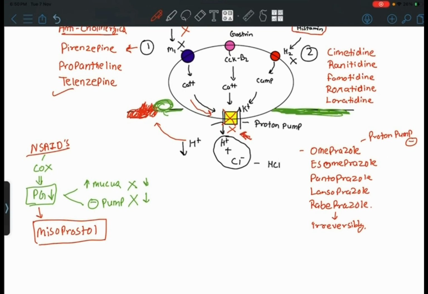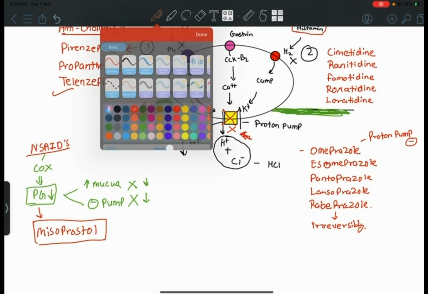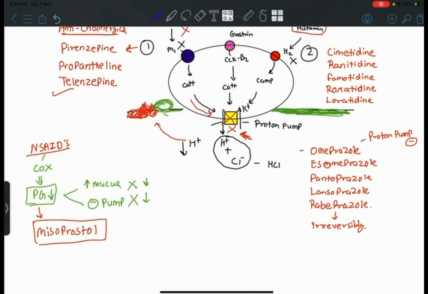Now about the proton pump inhibitor, we have one more thing to see. These drugs inhibit the proton pump, but these drugs are acid labile. What does it mean? If we take it orally, it will go into the stomach, and if it comes in contact with the HCl, then this medicine will get destroyed.